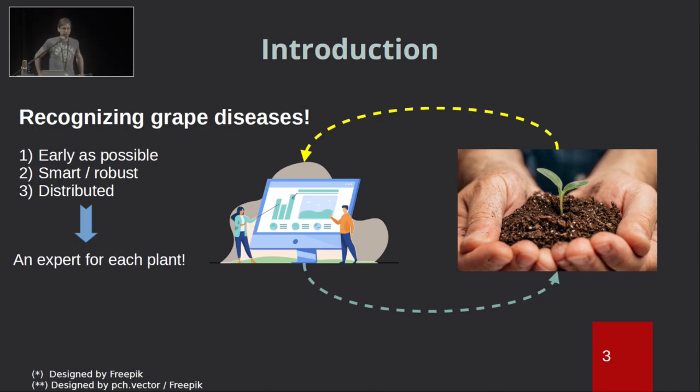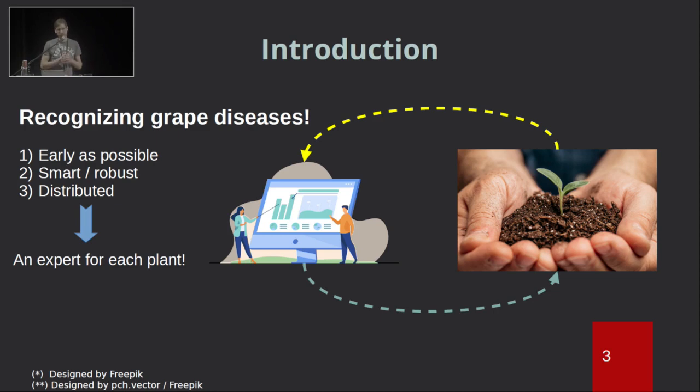So usually, what we wanted is to recognize the diseases on the plant, in this case, the grapevines. So we wanted a system that you can use to recognize them easily and smartly, and maybe it's better if it's distributed.